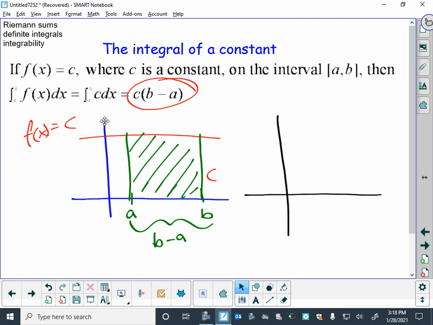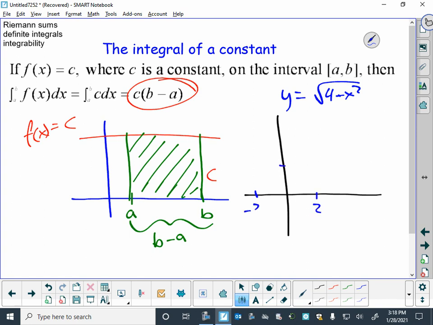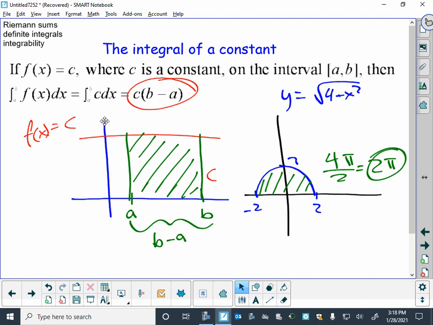Now, there's some other geometry-related situations that I could look at. If I had y equals the square root of 4 minus x squared, well, that is half a circle. And if I was looking for that, I could go to my approximations, but I also know this is a circle of radius 2, so its area is 4 pi, and it's only half of the circle, so divided by 2, this area should be exactly 2 pi.